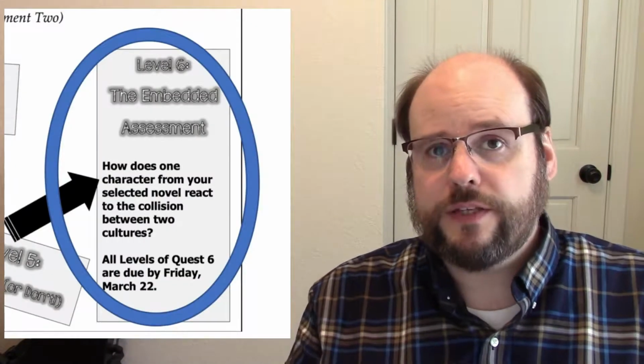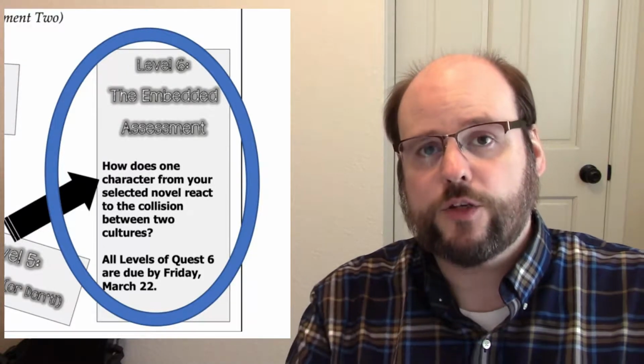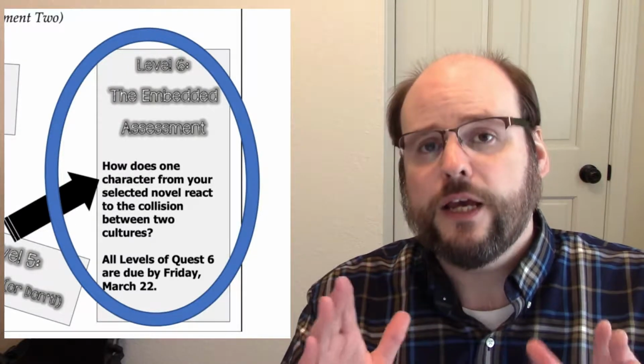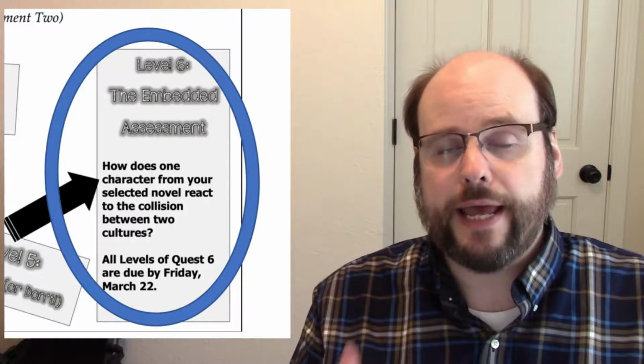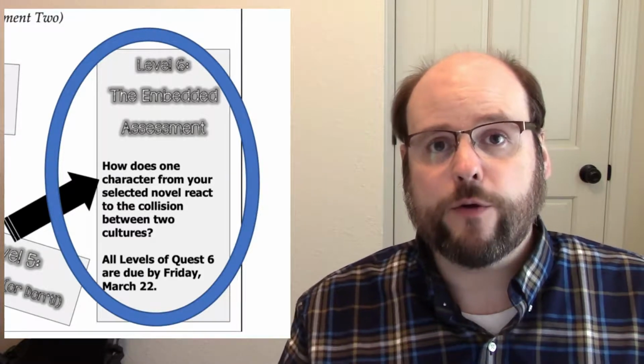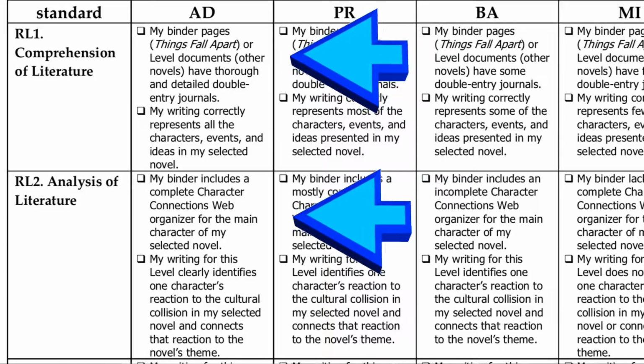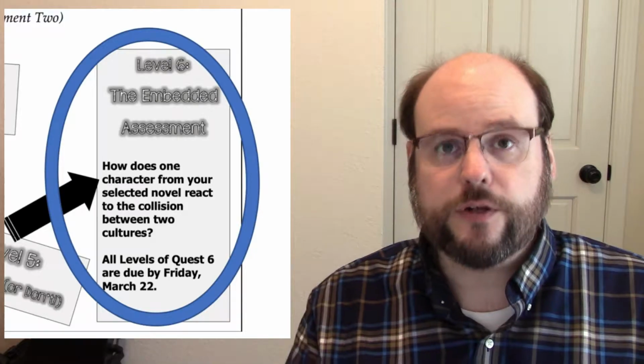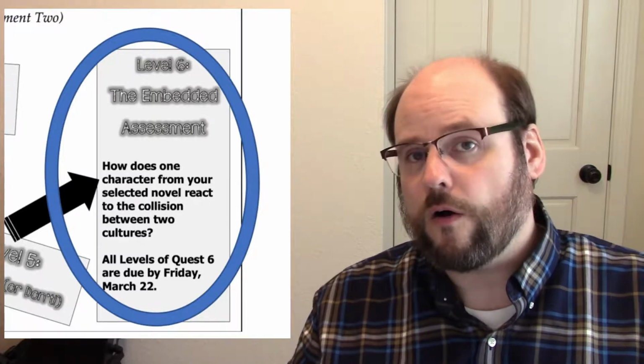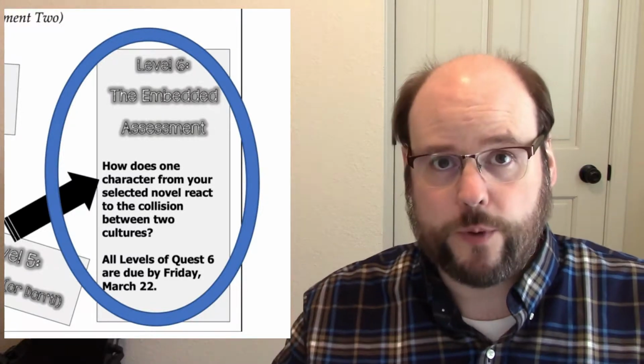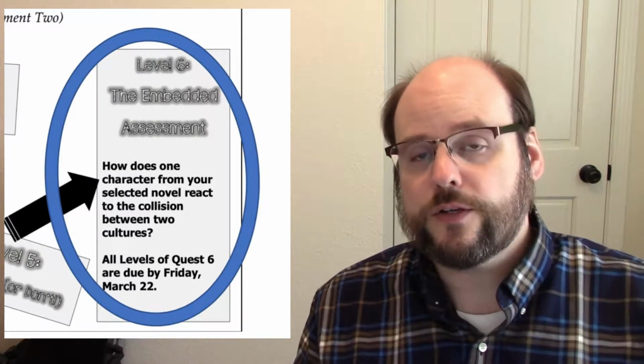I want to jump to that level 6 rubric and talk about a couple of places where you are going to want to pay attention and do some things very carefully. First, there are 2 different literature standards: a comprehension standard and an analysis standard. Mostly that just means that the stuff in your binder and your double entry journal are all completed. This is all explained for you as you go through this quest.